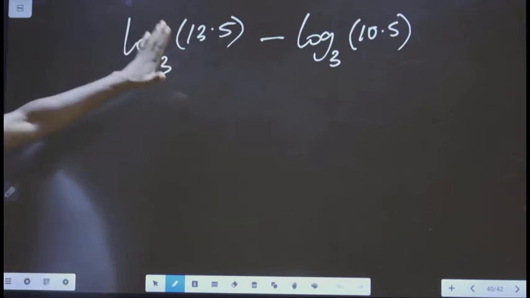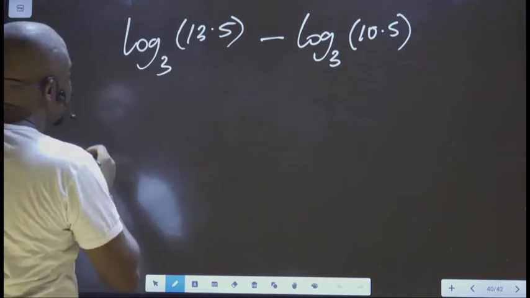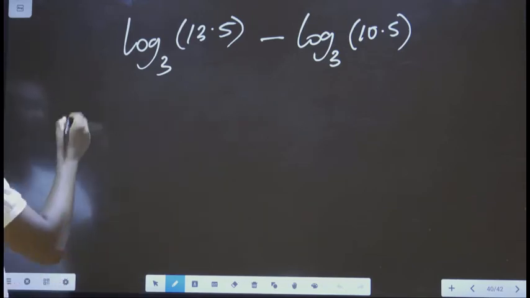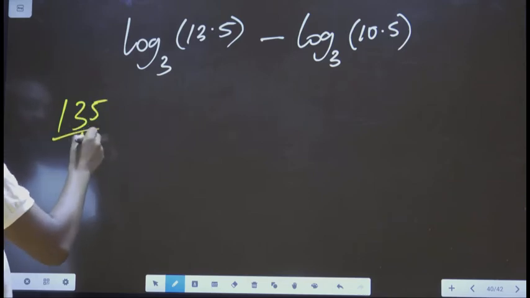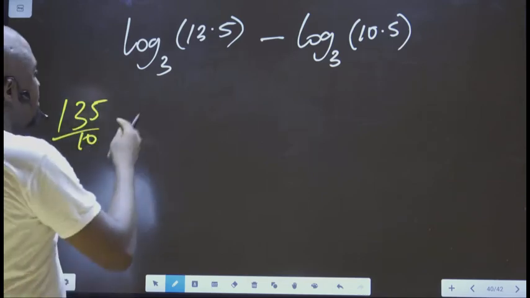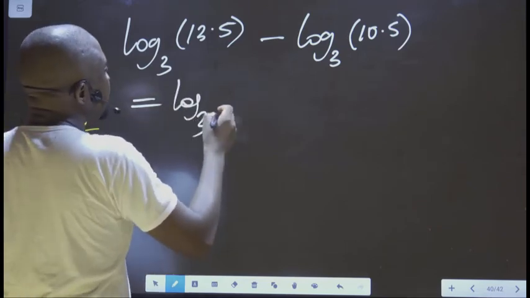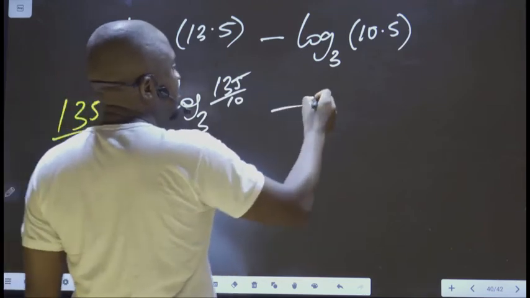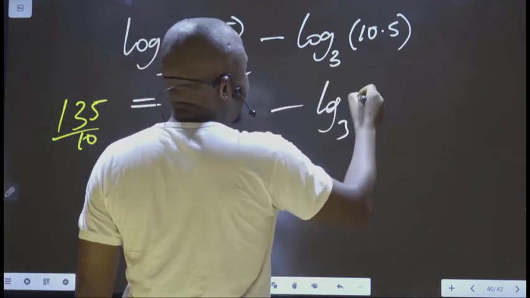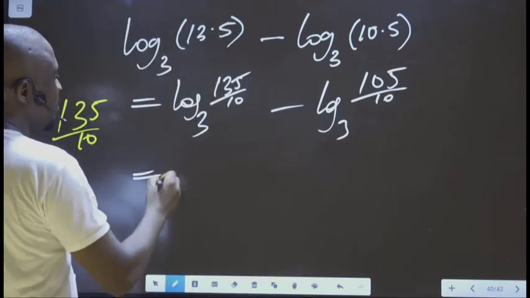We need to simplify this. This simply means what? 135 all over 10. Okay? So we simply put log 3 raised to the power 135 over 10 minus log 3 raised to the power 105 over 10. So let's separate them.